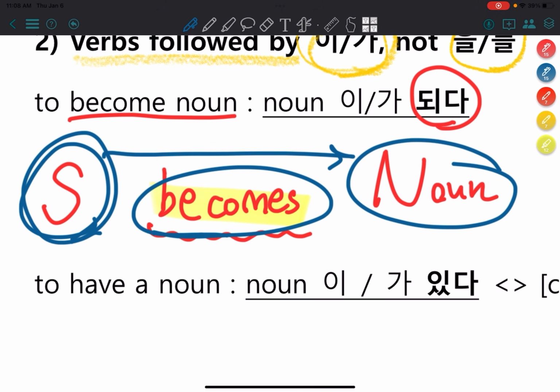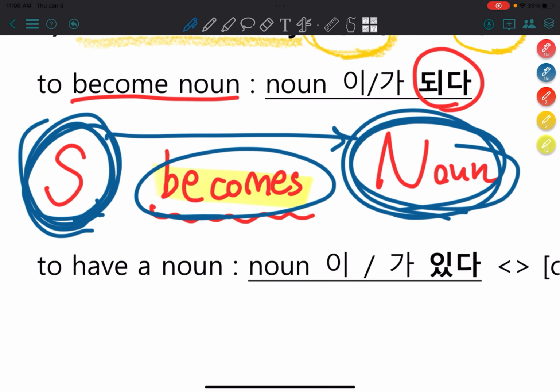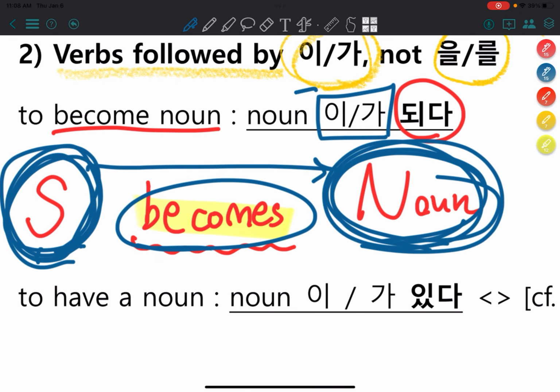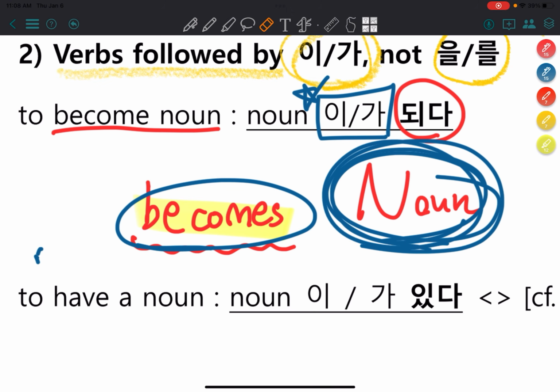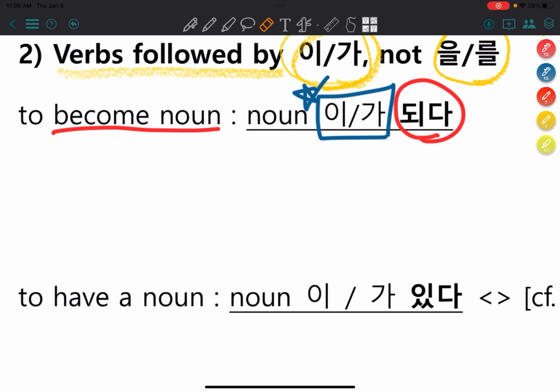So when you say subject becomes something, you mark subject with subject marker and noun with 이가 subject marker. So if you want to say, I want to become a teacher, or let's try a more easier one, I will become the best, for example.